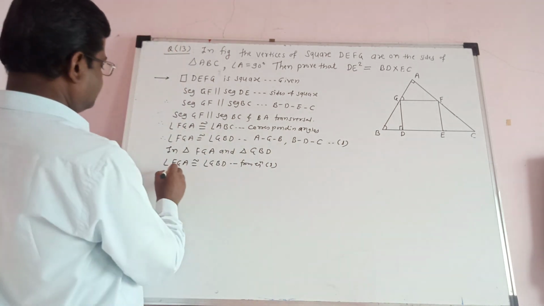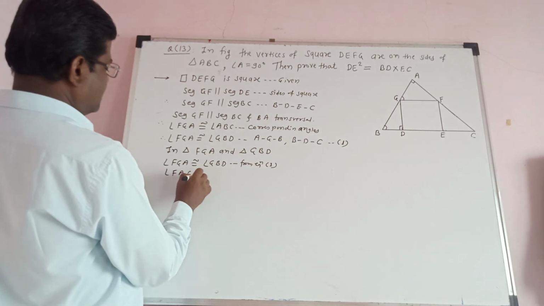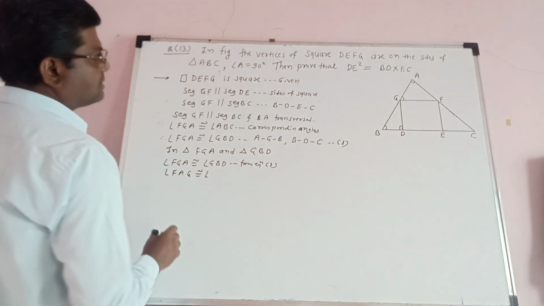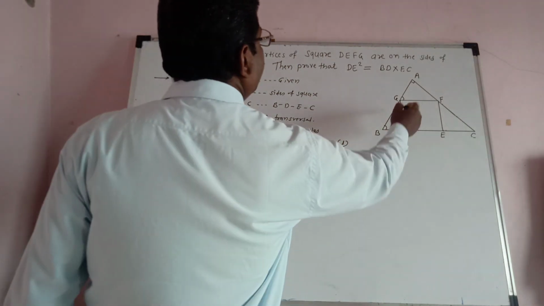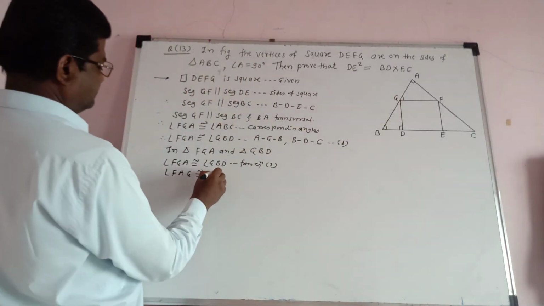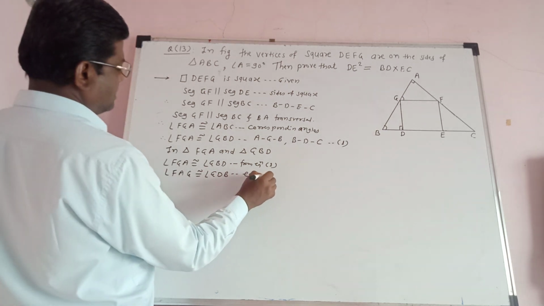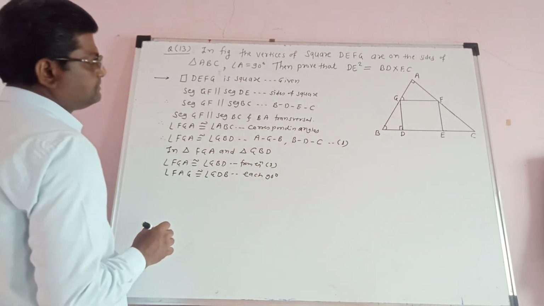So angle FAG is congruent to angle GDB, each 90 degrees.